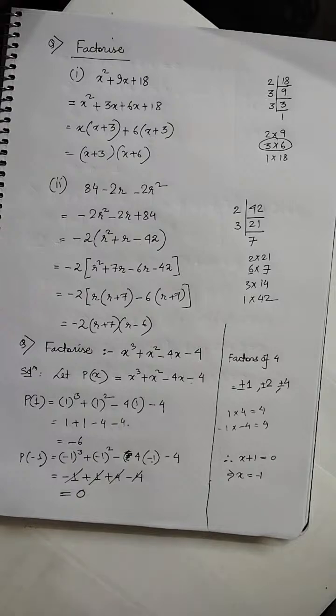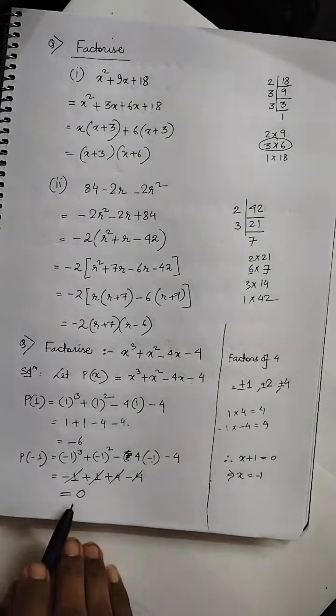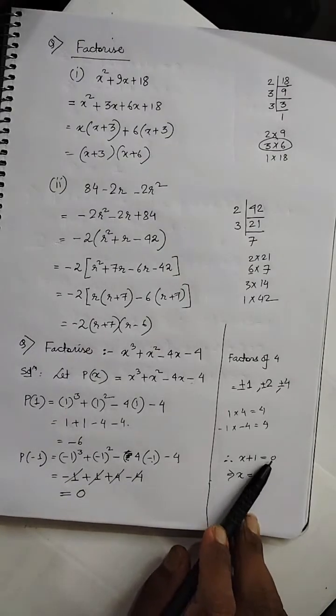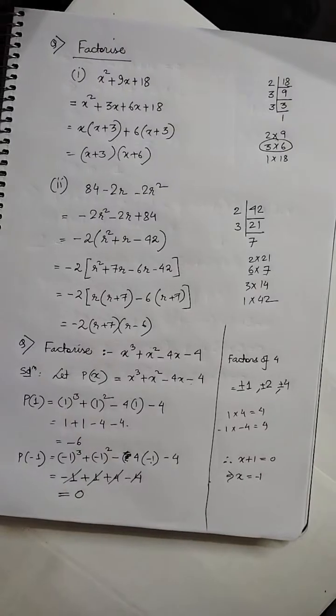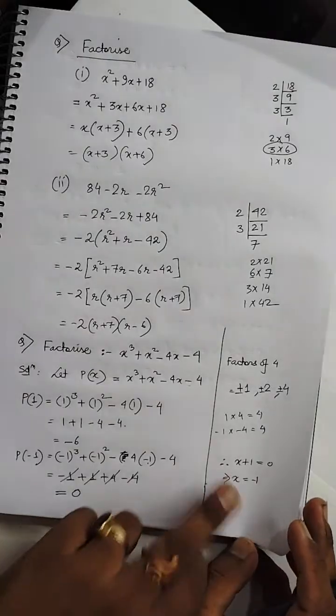So I am just saying it the other way around. If on taking the value minus 1 our polynomial becomes 0, then x plus 1 must be a factor. Okay? So I am just continuing on the next page. So I will write that x plus 1 is a factor of this particular polynomial.